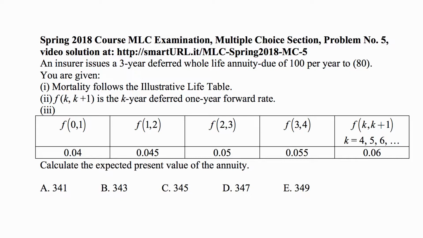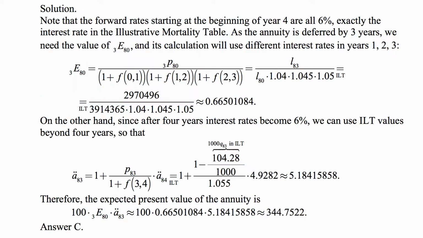And our job is to calculate the expected present value of the annuity. And again, note that it's a 3-year deferred, so it's deferred by 3 years, and then it's a whole life annuity due, which means that it starts at time 3 with a payment of 1 at time 3 if the person is alive.